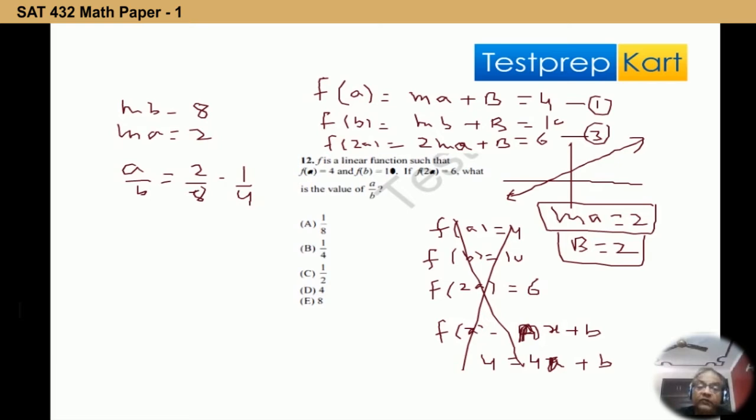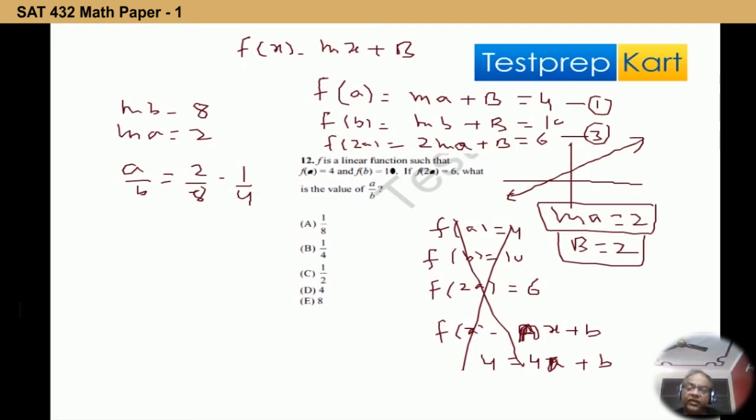Here we have used the fact that f is a linear function. So f is a linear function means f(x) is of the form, let's say, mx plus b. And therefore, while finding f(a), f(b), f(2a), we have used the fact that f(x) is a linear function. So f(a) will be ma plus b, f(b) will be mb plus b, f(2a) will be 2ma plus b, and the values given are 4, 10 and 6.